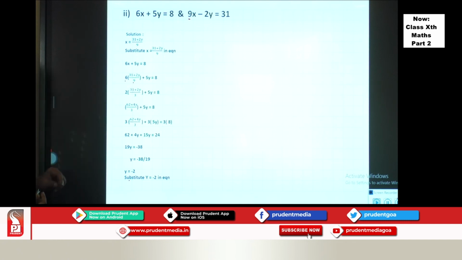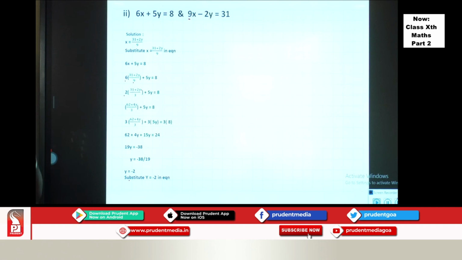So 3 2s are 6 and 3 3s are 9, and then this 5y is equal to 8. Now once I have divided, then these two will get multiplied to both the terms. So 31 2s are 62 and 2y multiplied by 2, what I get is 4y upon 3 plus 5y is equal to 8. Now my next step is what? To remove this 3 in the denominator. To remove that 3 in the denominator, how many terms are there? 3 terms are there.